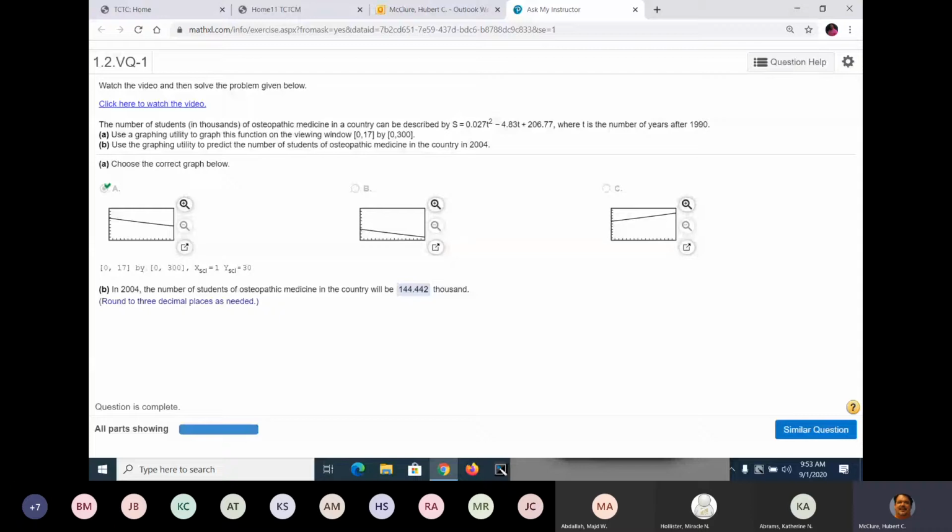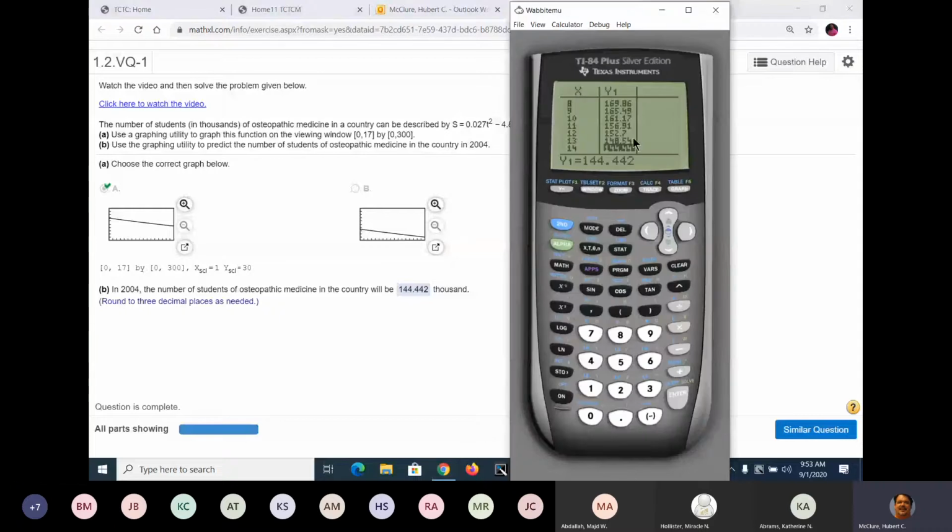Now, anytime you need to set the characters in your window, or the table, go to table set, and you can set that up in here. You can set it up to be 0.001, or you can set your calculator to go to 4 digits or 5 digits.